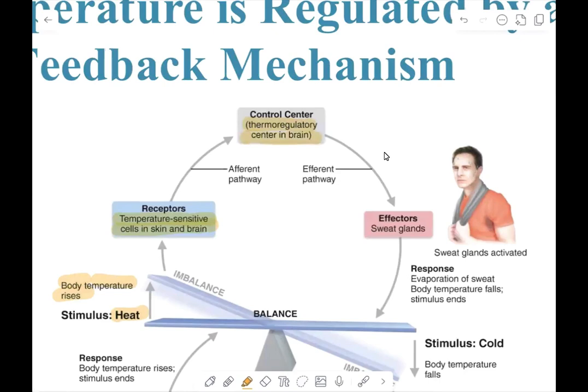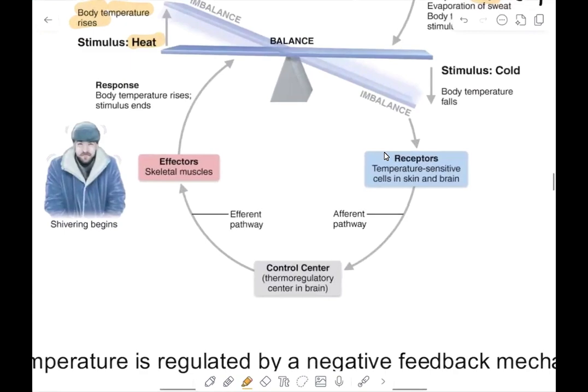There's basically a thermostat that's in the brain, and that's going to tell us we need to cool down. So it activates sweat glands, as you can see here. So sweat is evaporated off of us. So basically, the stimulus was an increase in temperature, and the response was a decrease in temperature. So again, whenever the direction of the stimulus and the response are opposite, that means it's negative feedback.